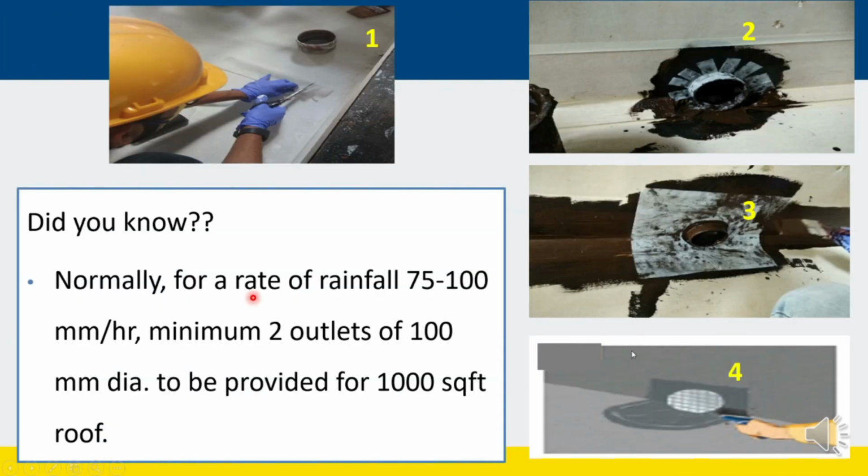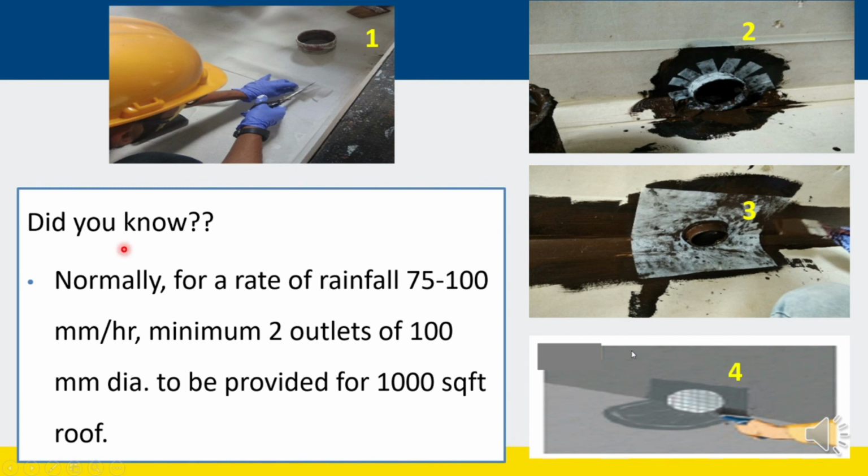So as we have seen earlier, here is some common information which I would like to share with the help of this slide. Did you know, normally for a rate of rainfall of 75 to 100 mm per hour, minimum 2 outlets of 100 mm dia to be provided for 1000 square feet of roof.